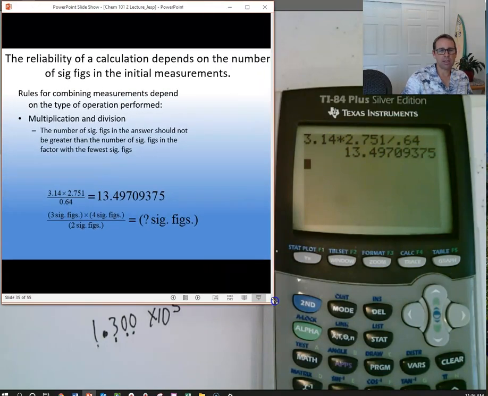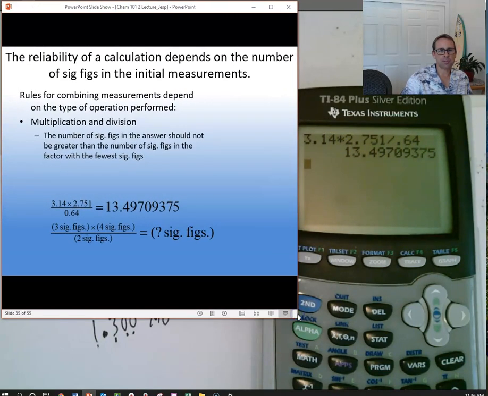And so, how many significant figures should I write? Well, it depends on the kind of math we're doing. This math is multiplication and division. So if we're doing multiplication and division, you look at all the numbers, you find the one that has the fewest significant digits, and then your answer has to have that many significant digits.